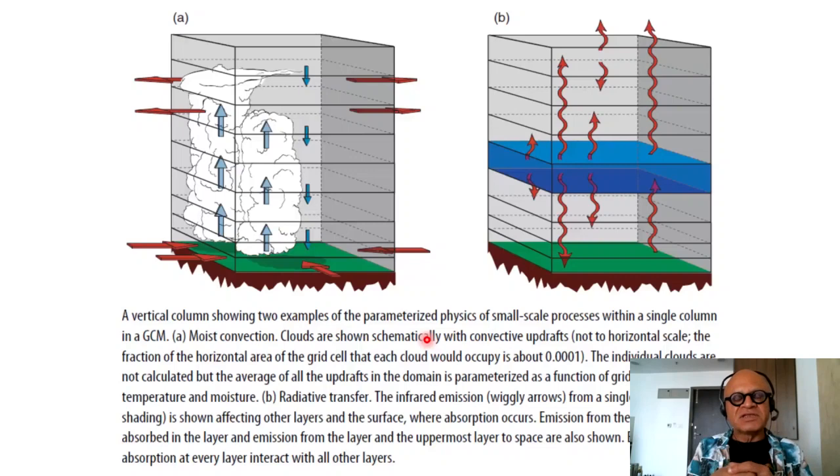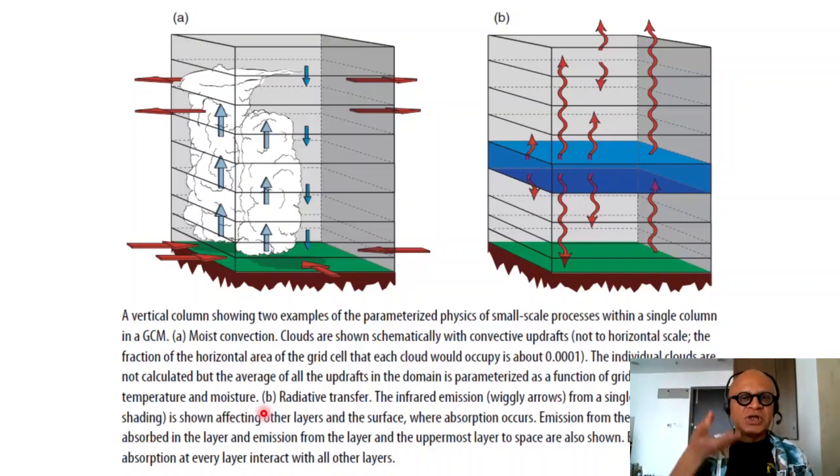features, which is what makes modeling them even harder, but that also allows us to take the very strong vertical motions in those convections and remember that the large-scale environment remains basically in hydrostatic balance. The individual clouds are not calculated, but the average of all the updrafts in the domain is parameterized as a function of grid-scale averaged temperature and moisture.